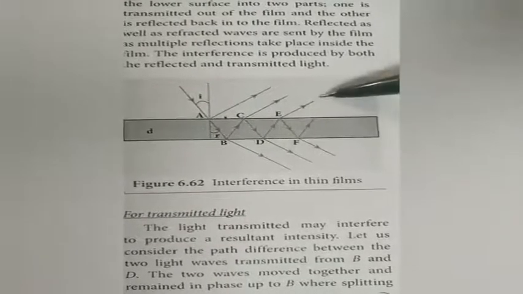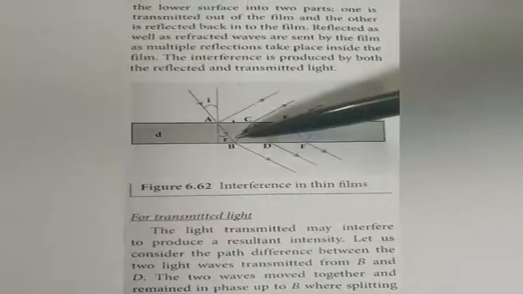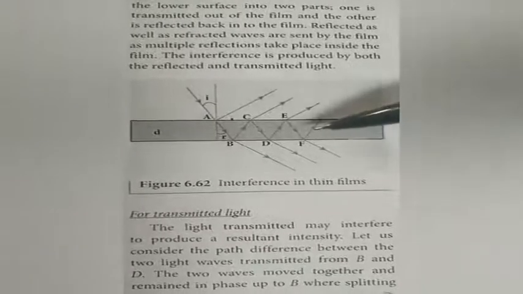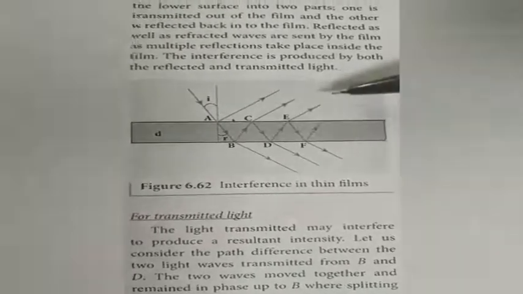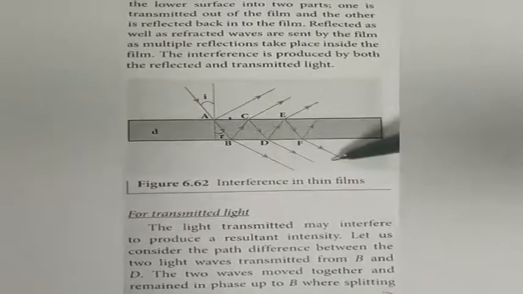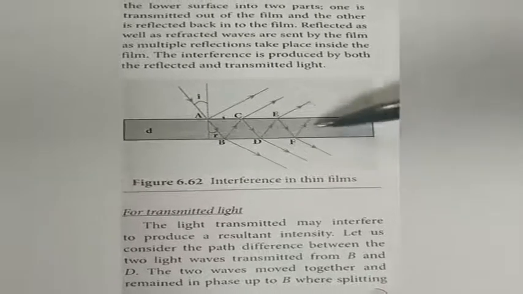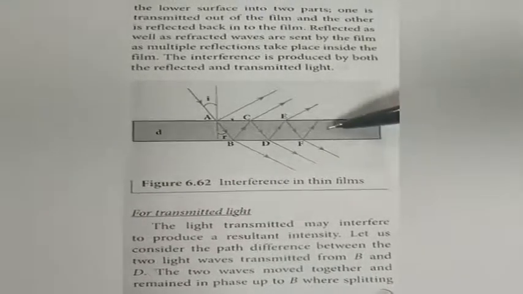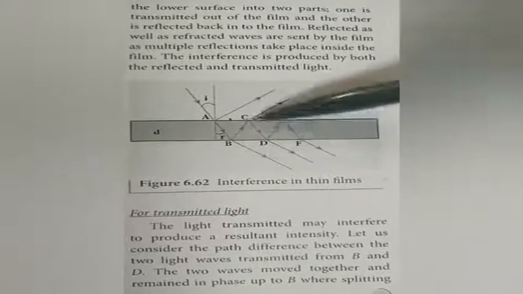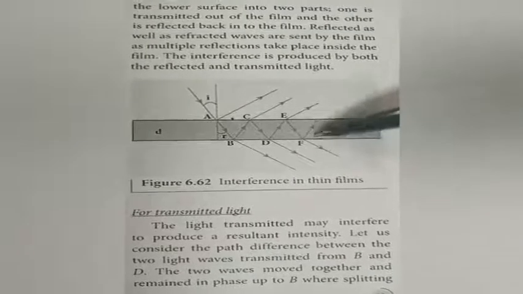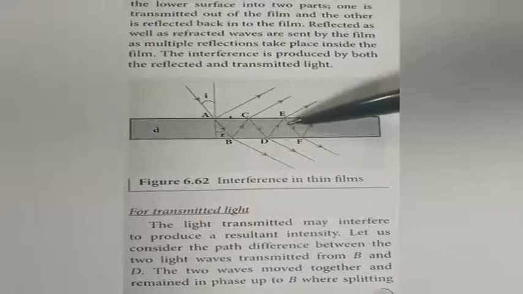These two are the same medium, and this is the thin film medium. Suppose you consider a soap bubble: outside is air, inside is also air, and only this layer is the soap layer. So the interference occurs inside the soap bubble.